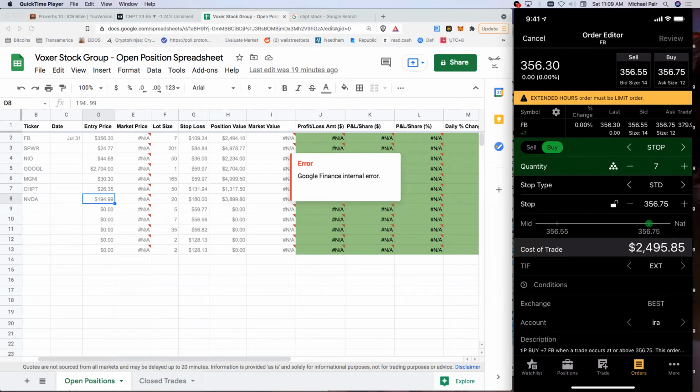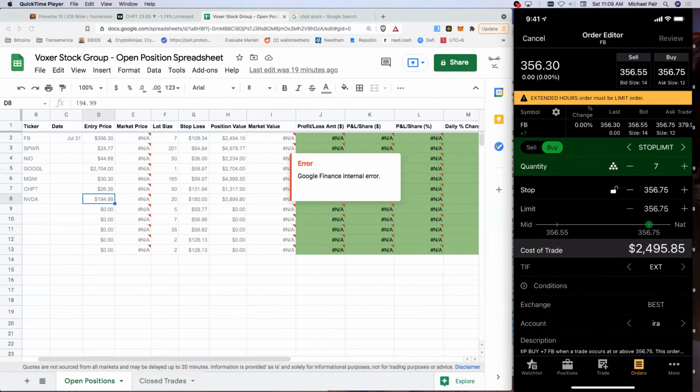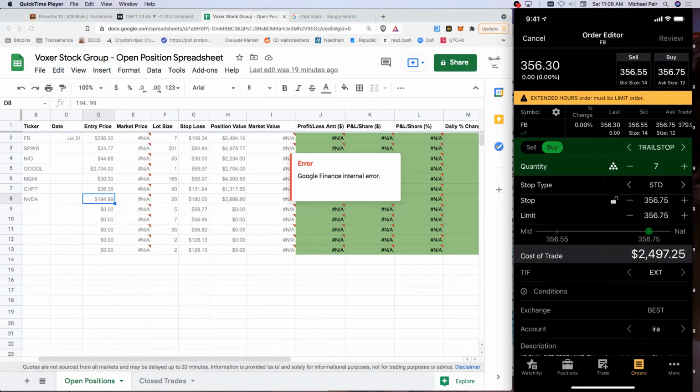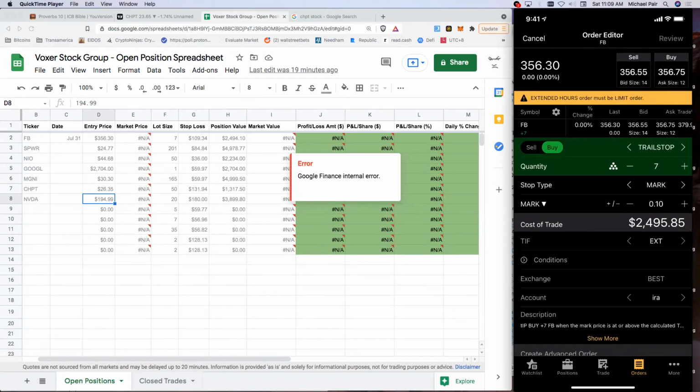If you're selling a stock and it's higher and you put your stop in lower, you're saying I want to protect my gains at that lower price on a sell order. Stop limit allows you to put in 2 prices. It's a little advanced. I won't get into that right now. And a trailing stop is another thing. We'll come back to those.